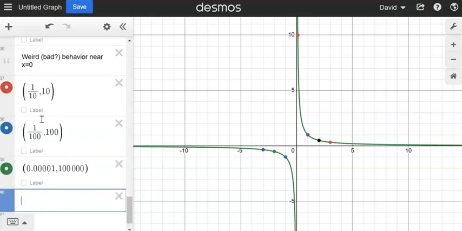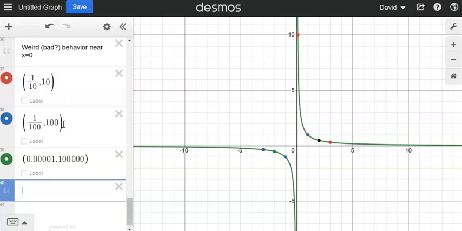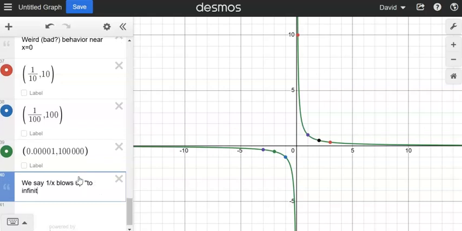Okay. So this is pretty weird, but that's where I'll end this video. We're going to say this a little more officially with some terminology in a minute, but we just say informally that 1 over x blows up, in quotes, to infinity, because it's not actually ever giving a value infinity. Infinity is not a number that we do algebra with.